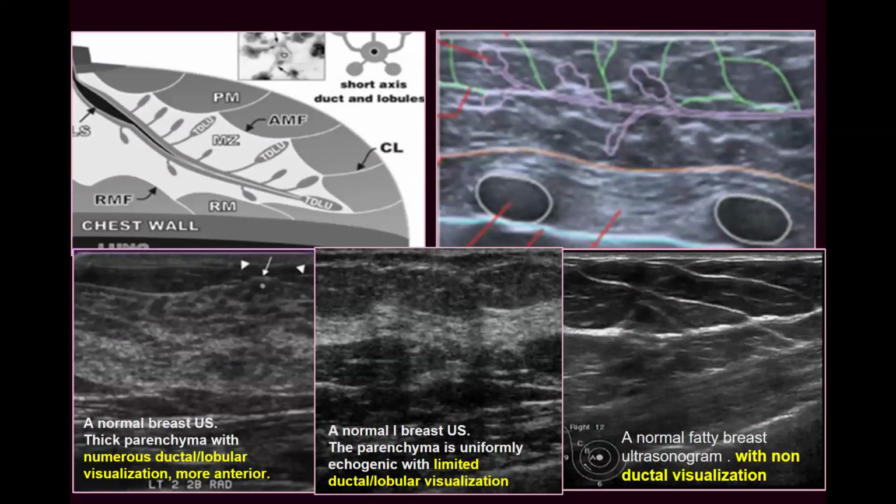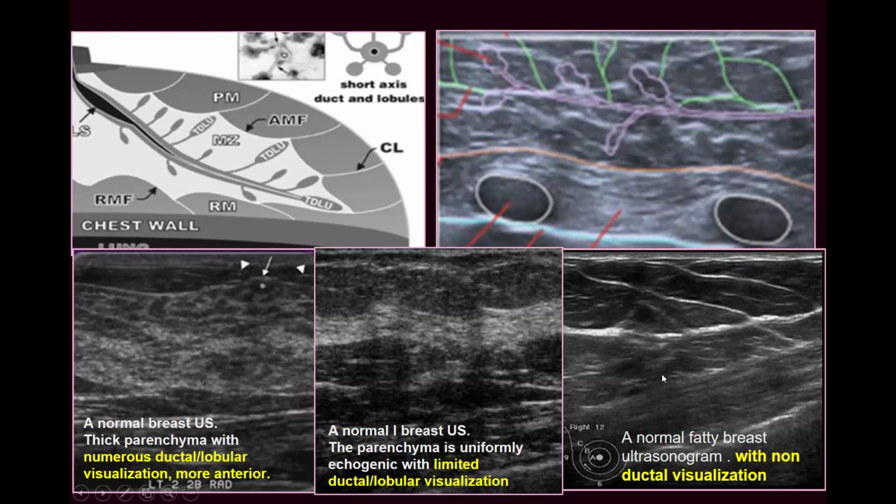Okay, look here. We have a glandular breast and there are terminal duct lobular units. Can you see any terminal duct lobular unit here? This is the parenchyma, almost uniformly echogenic, more or less fibrotic, involuted, with very limited ducts and lobular visualization.